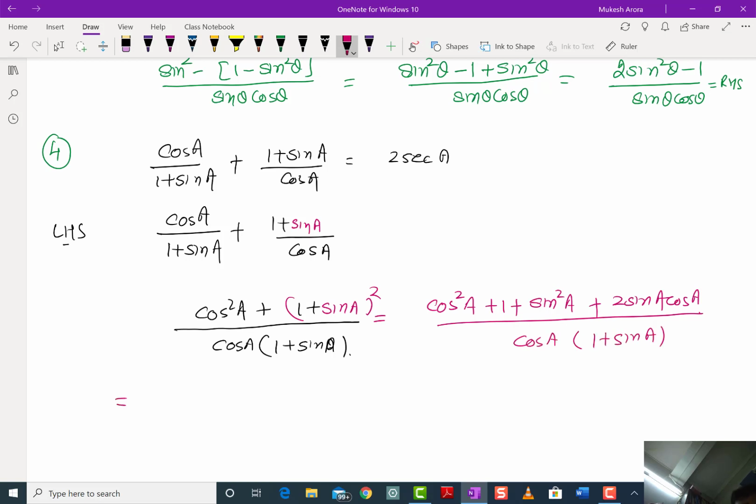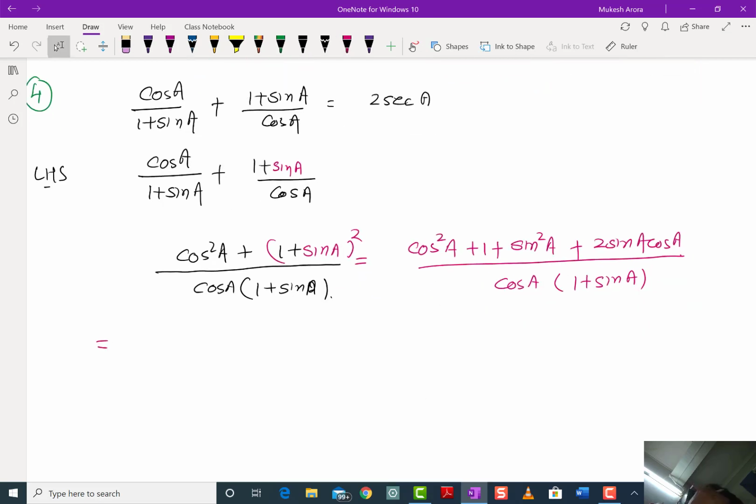We will not multiply the denominator unless until we reach a final result. We see here, this is secant. Secant is 1 by cos. That means we have to have this there and other things will be cancelled out.